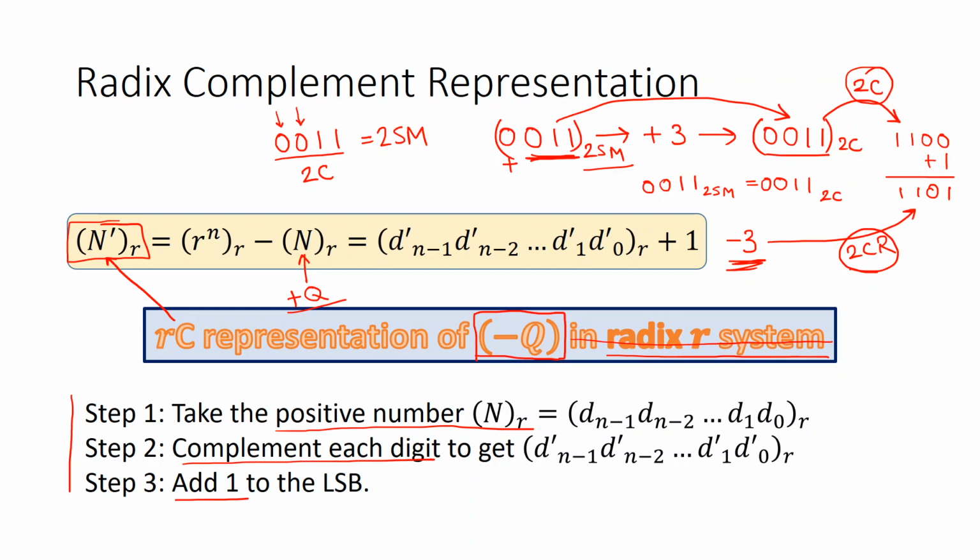So when I add the word representation, then I am talking about representation of a quantity. When I don't add the word representation, I am talking about complement of a number. So I hope by now what are quantities and what are numbers are clear to you. So you would be able to differentiate this terminology.